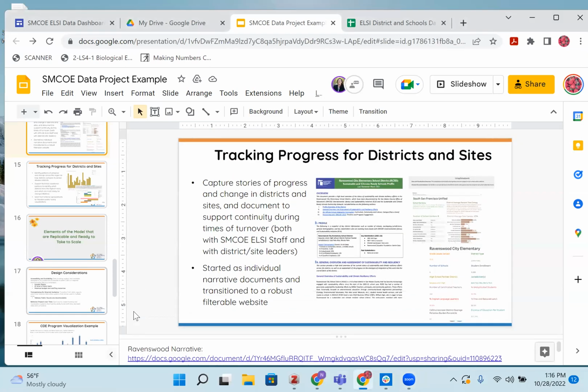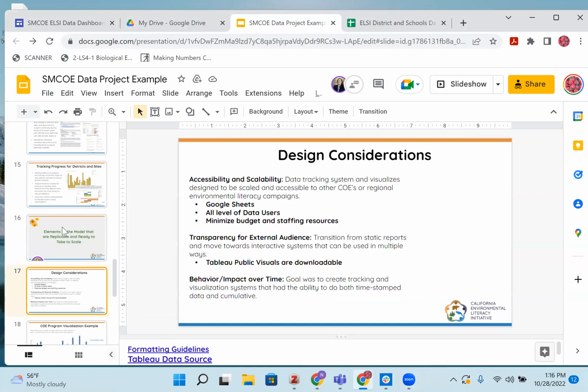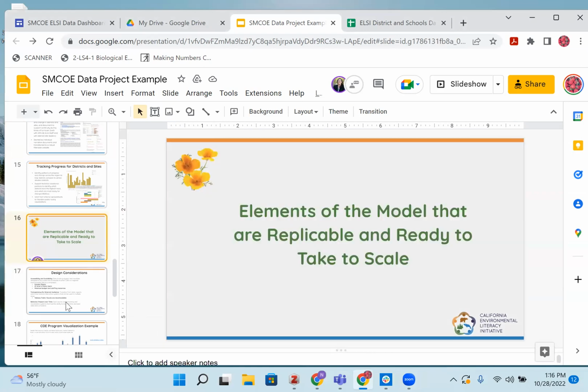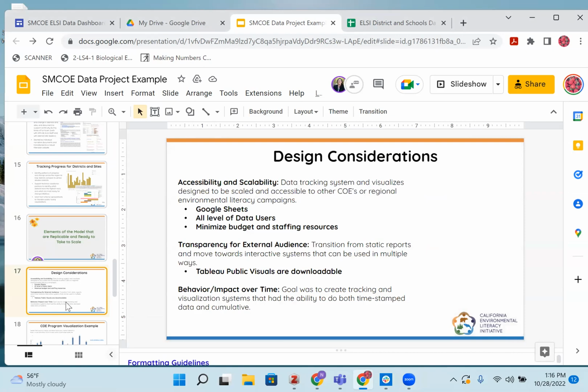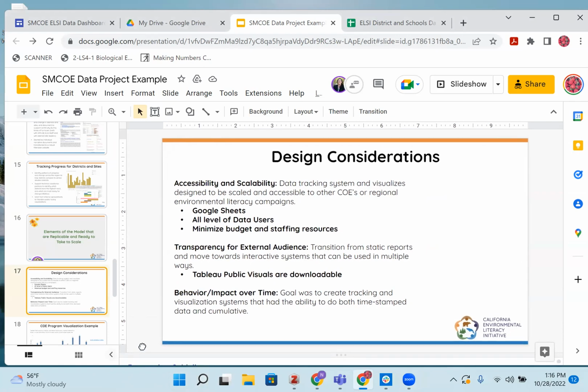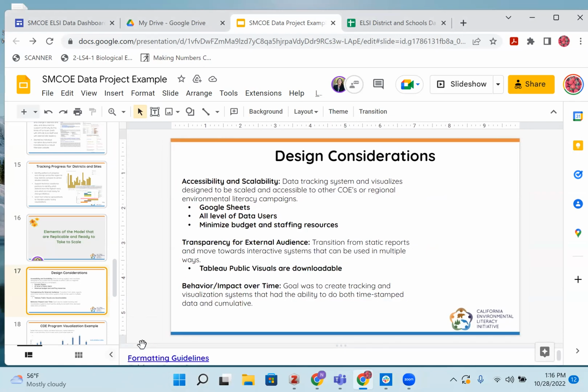And okay, so when we think about elements that are replicable and scalable, I think the foundation here is going to be the design consideration. So we spent a lot of time thinking about how to make this scalable and replicable.